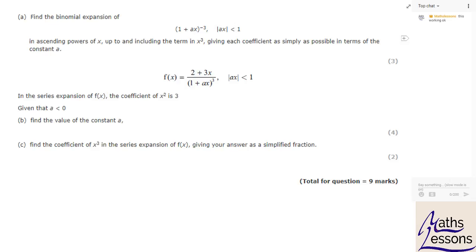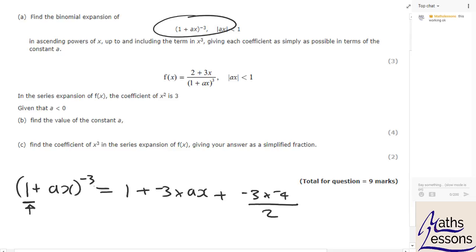So I get 1 plus minus 3 times ax, plus minus 3 times minus 4, because it's n minus 1 for the next term, over 2 times (ax) squared, plus minus 3 times minus 4 times minus 5, over 3 times 2, times (ax) cubed.